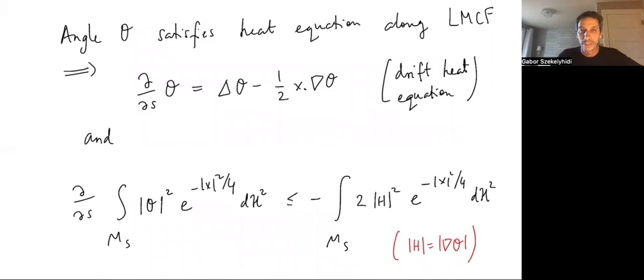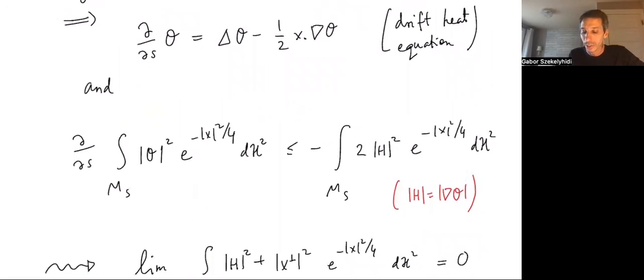Then a generalization of the monotonicity formula applies to basically any quantity that satisfies the drift heat equation. And it says the following. It's actually an equality. I'm just throwing away a term that I don't need here. So for the angle, if I look at this Gaussian L2 norm of theta, then this is monotonically decreasing. And in fact, the derivative is given by the Gaussian L2 norm of the mean curvature. This comes from the fact that mean curvature is J nabla theta.